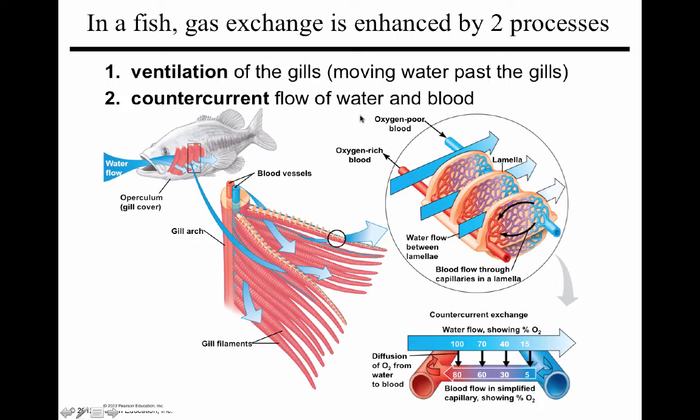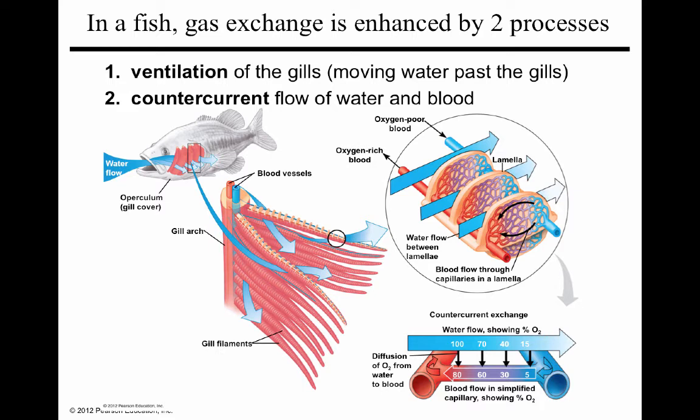So respiratory systems can be gills, in many vertebrates like this fish. It's a gill system, and gills have 2 major processes. The first thing that happens is the fish has to get the water coming over its gills. In some fish, like chondrichthyan fish, as in sharks, they open their mouth and the water flows over the gills.